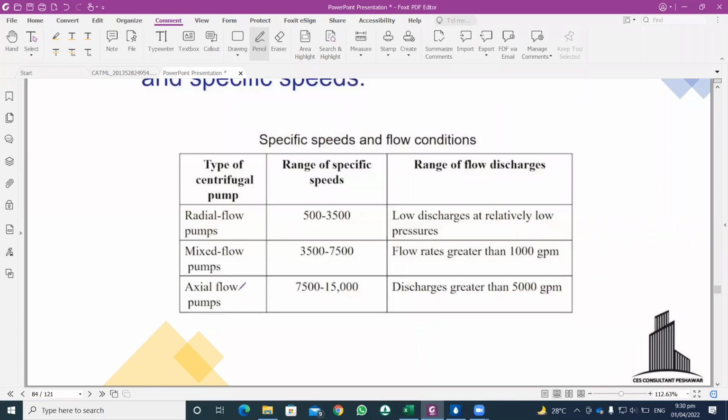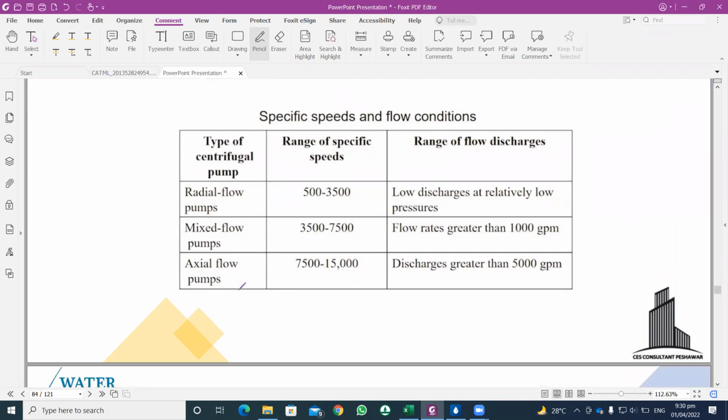So mostly for the water supply network, for example, if you want to draw water from a surface water source, centrifugal or axial centrifugal pumps are mostly used for supplying water to the community.